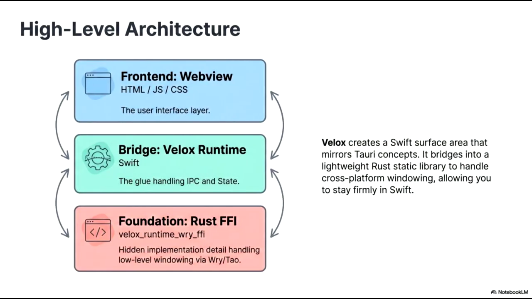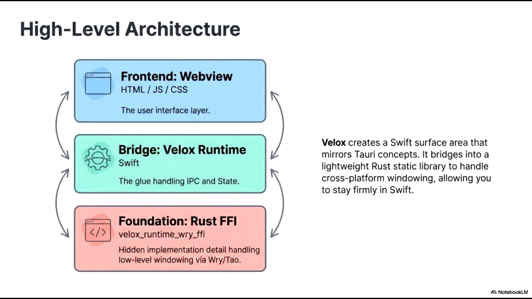This high-level architecture diagram outlines the three primary layers that comprise Velox. At the top, the front end utilizes a standard web view powered by HTML, JavaScript, and CSS, serving as the user interface layer. In the middle, the bridge layer contains the Velox runtime written in Swift. This acts as the essential glue for handling inter-process communication and state management.